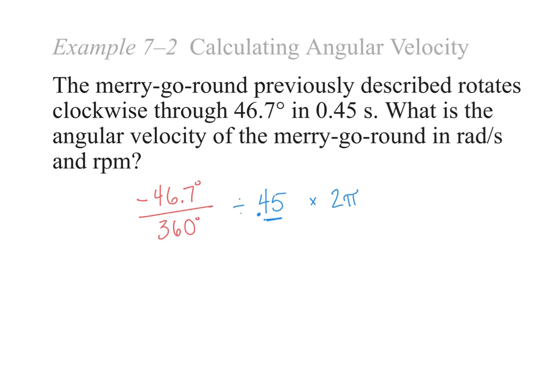But if you are more comfortable entering this and getting an answer, then dividing by 0.45, and then multiplying by 2 pi, you can. You should get the same thing. We are going to how many decimal places? Well, how many significant digits? 2. So you should have gotten negative 1.8, yes? Radians per second. If you didn't, check your calculator.